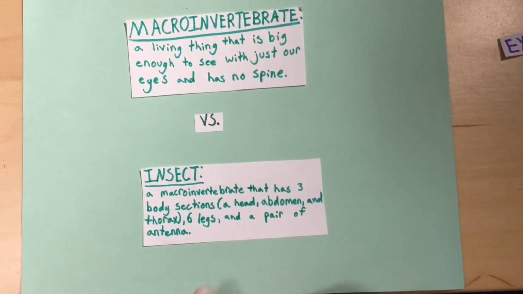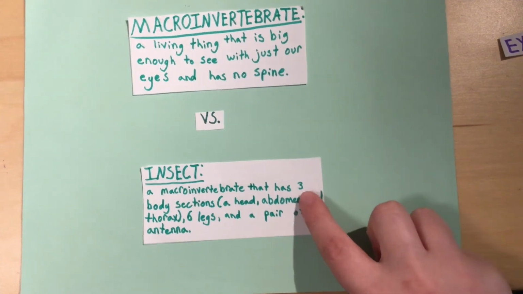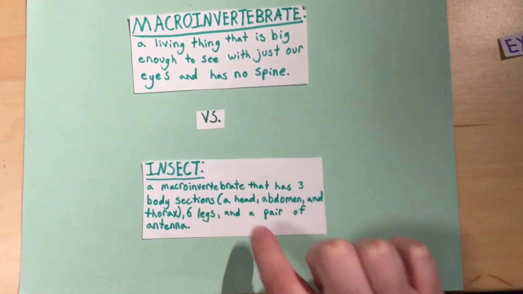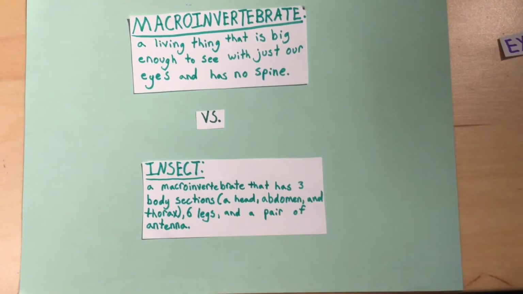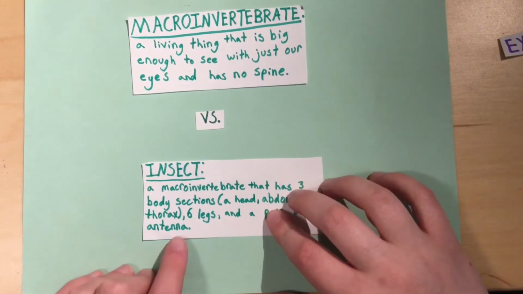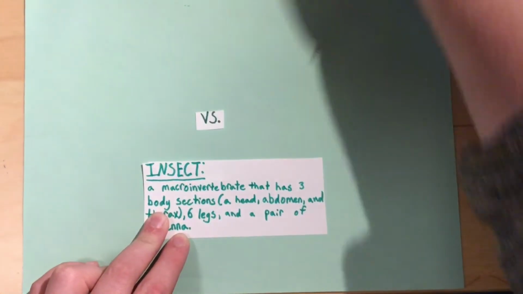to an insect. So insects are a type of macroinvertebrate that has 3 body sections, a head, an abdomen, and a thorax, 6 legs, and a pair of antennae. So we're going to talk a little bit about this definition of an insect.